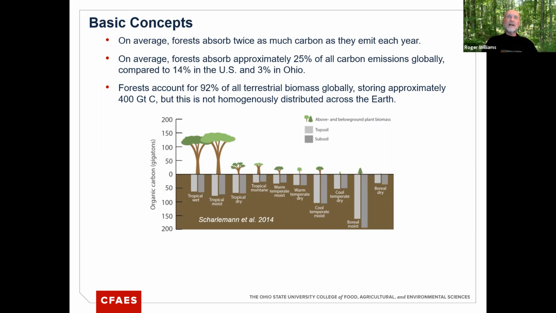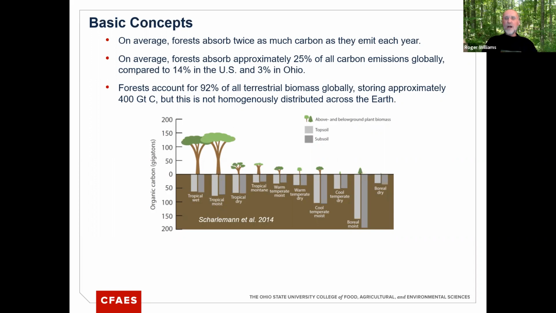And forests account for 92% of all terrestrial biomass globally, storing approximately 400 gigatons of carbon. But as you can see in this graph, that's not homogeneously distributed across the earth, right?